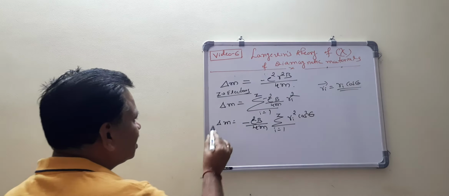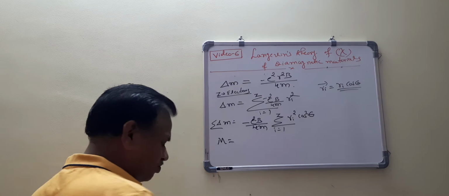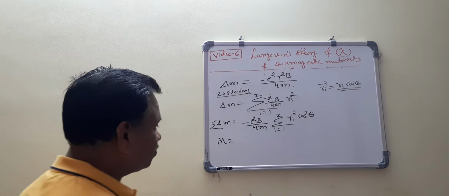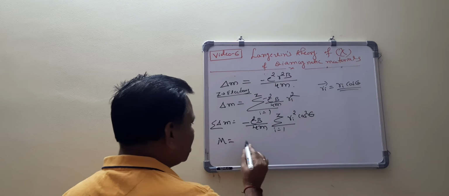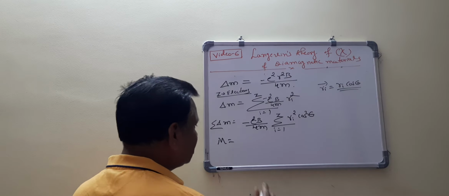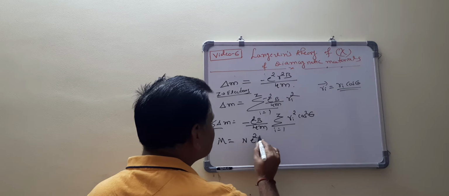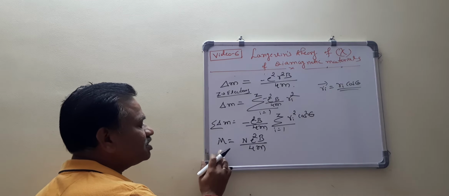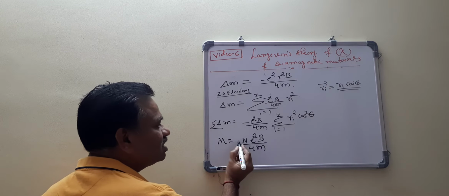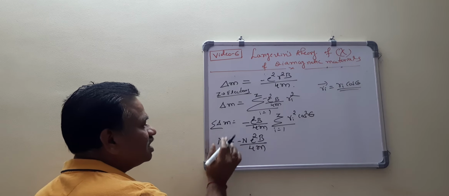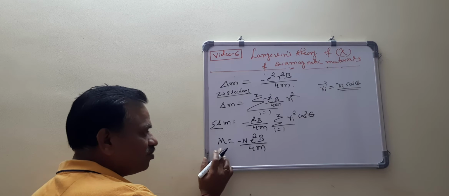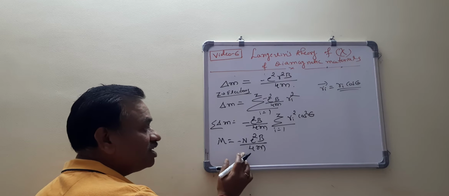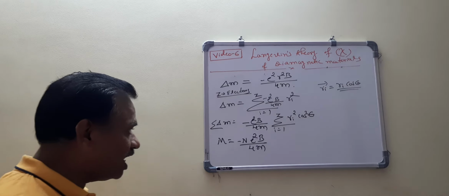Now here, M equal to this, for n number of atoms. That's why for delta M, I am removing the summation sign and multiplying by N, where N is the total number of atoms.